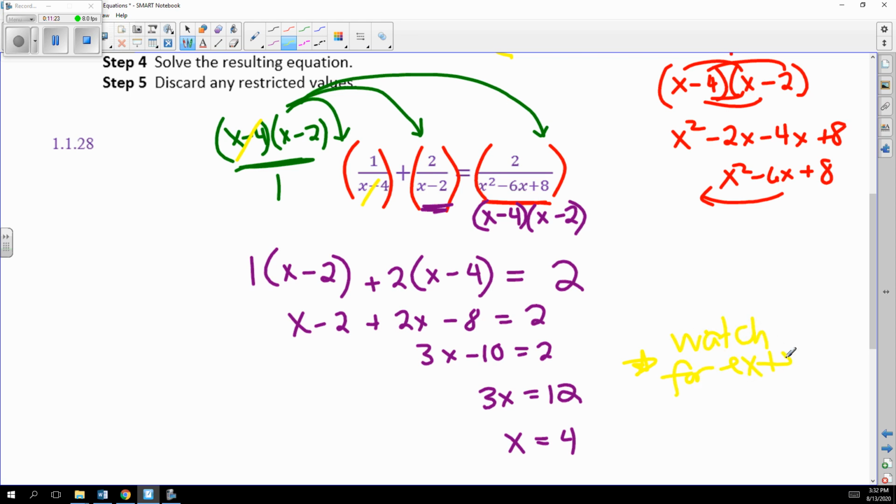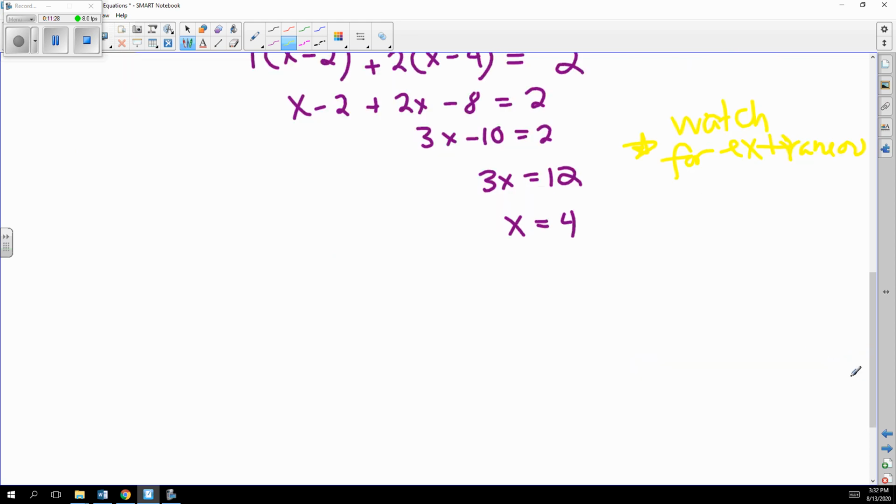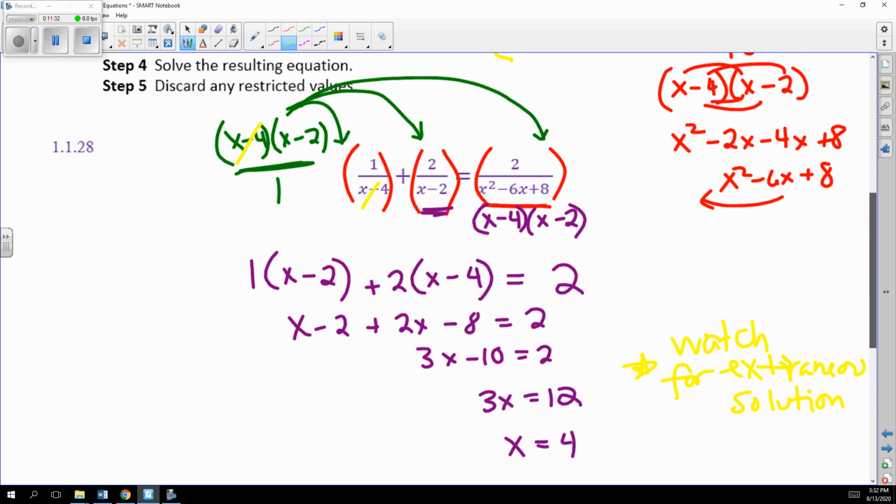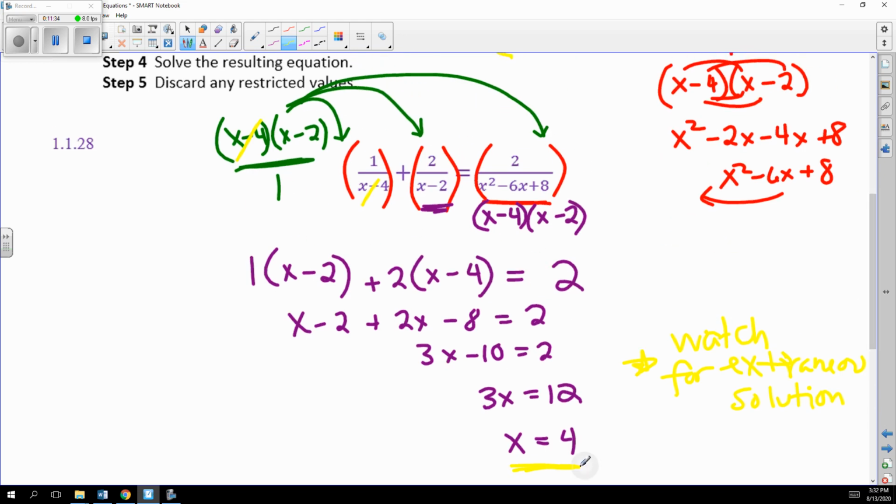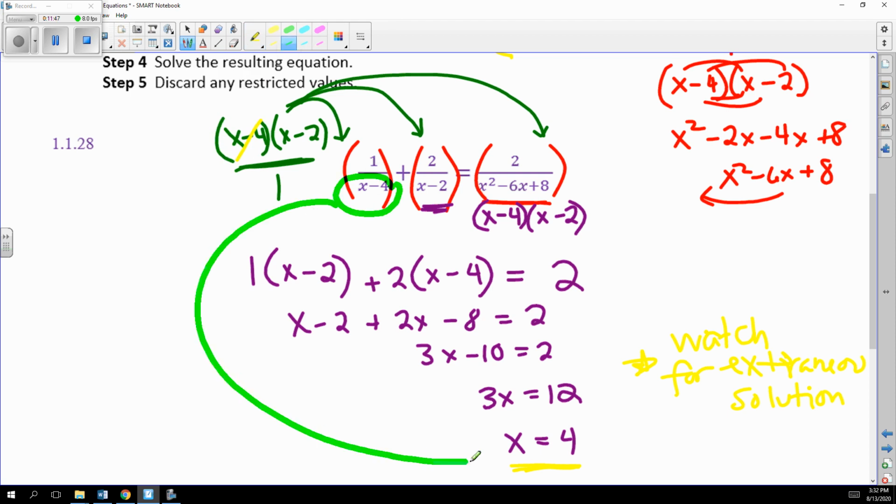Remember that an extraneous solution is a solution that does not solve the original equation. So we got x equals 4. But in the original equation, remember that we had x minus 4 up here in the denominator. I'm going to see if I can highlight this for you. We had x minus 4 in this denominator, and so when I substitute 4 in for x, I'm going to get a 0 in the denominator.